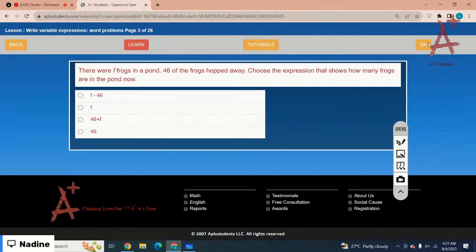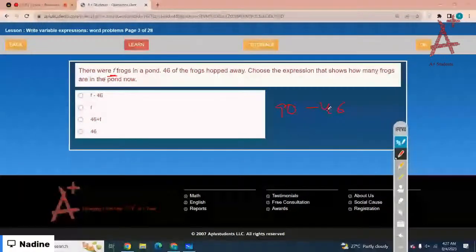There were F frogs in a pond. 46 of the frogs hopped away. Choose the expression that shows how many frogs are in the pond now. So there were F frogs. That means the total frogs were F, right? It could be any number. For example, 90 frogs. 46 hopped away. 90 minus 46, right?